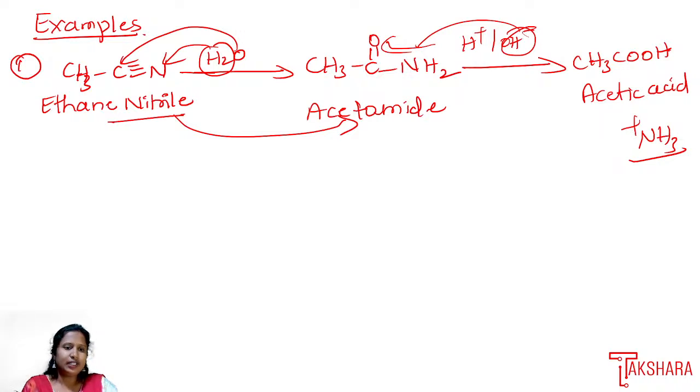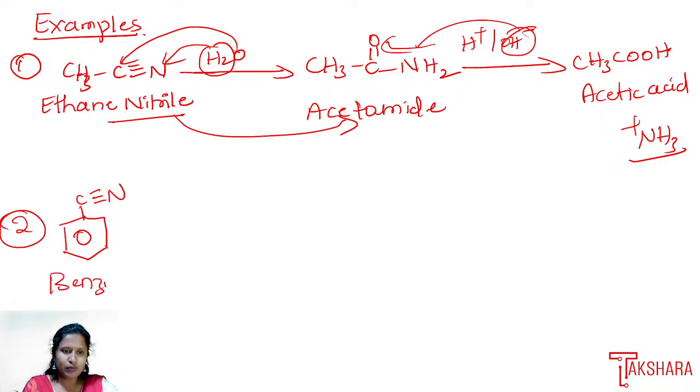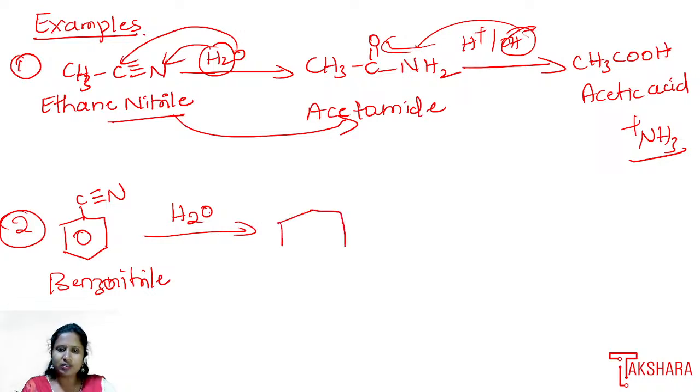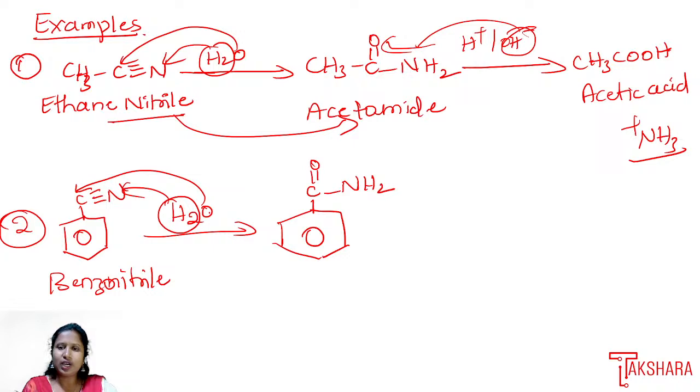Then let us take one more example. That is benzene ring, C6H5, with C triple bond N, so benzonitrile. When it is treated with water, what product comes? Amide, benzamide, with C double bond O NH2.